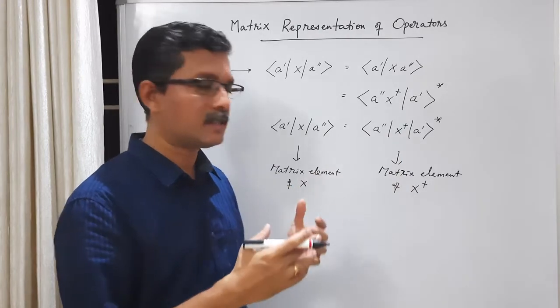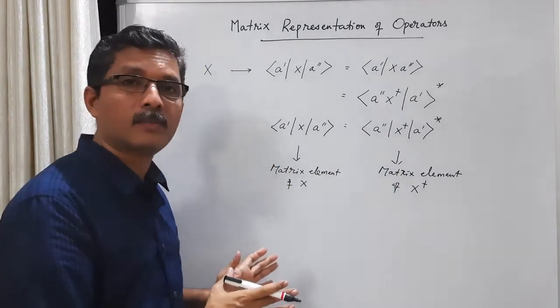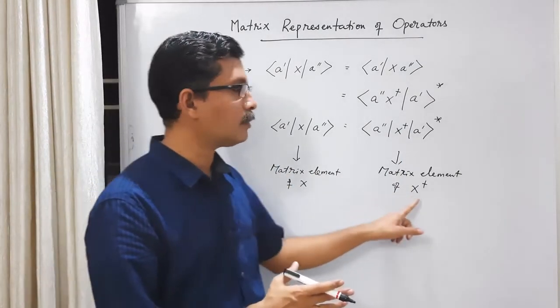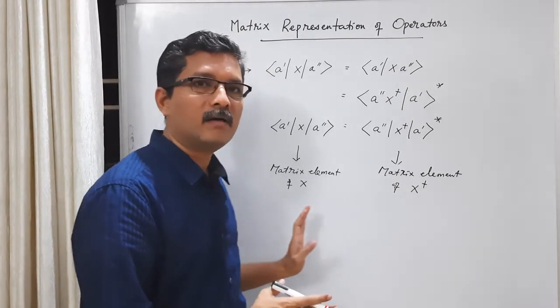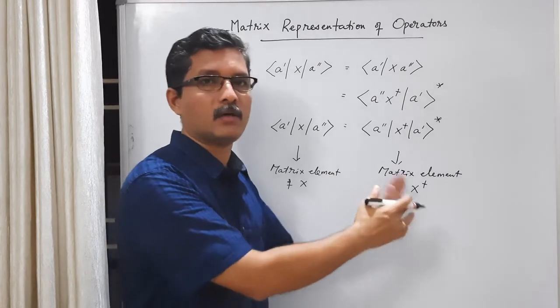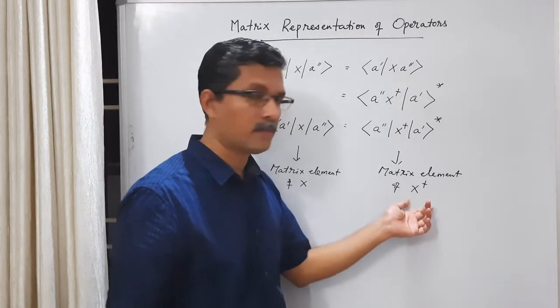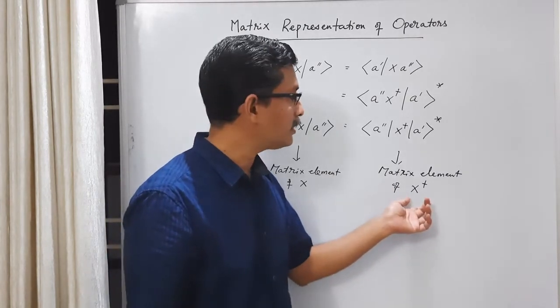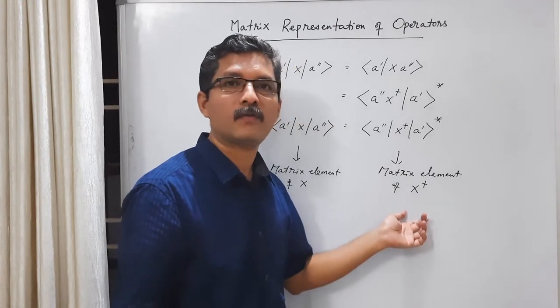So what is the connection between the operator representation of x and the operator representation of x dagger? From the operator representation of x, if you take the transpose and the complex conjugate of each element, you get the operator representation of x dagger.